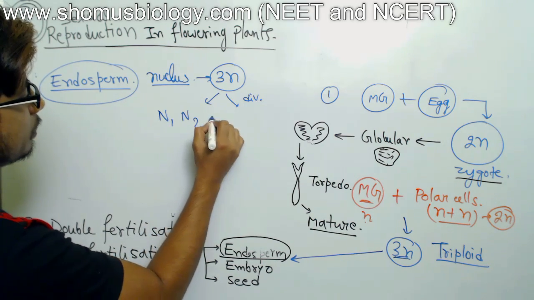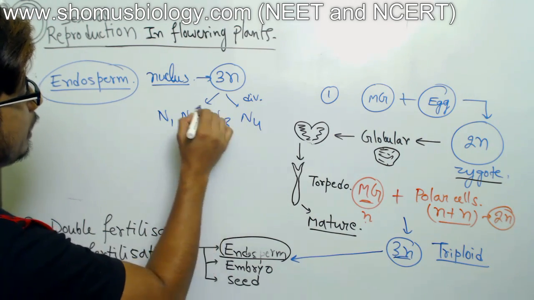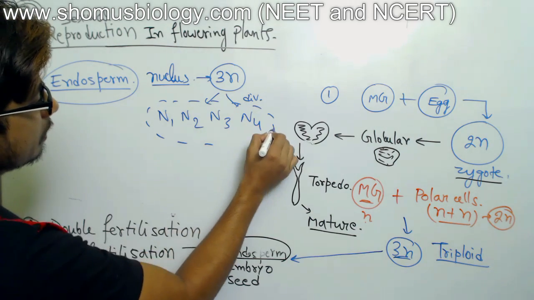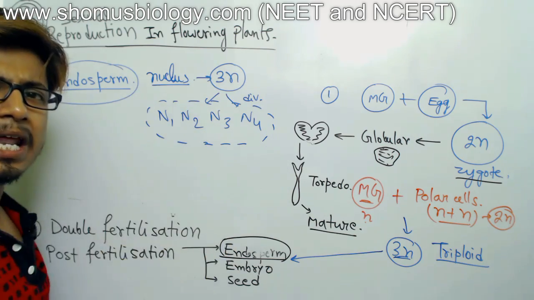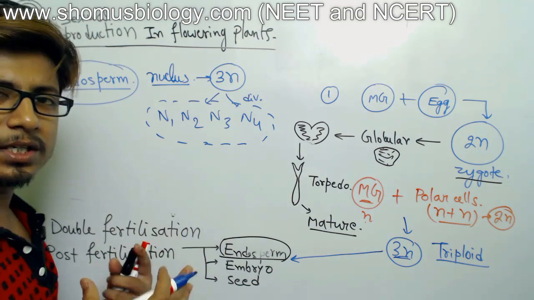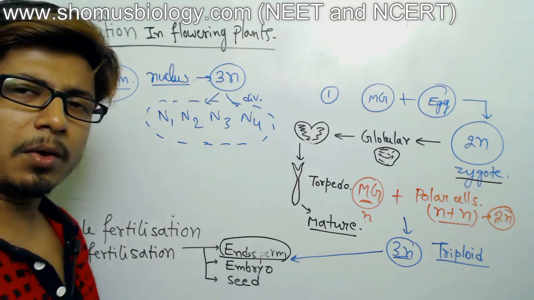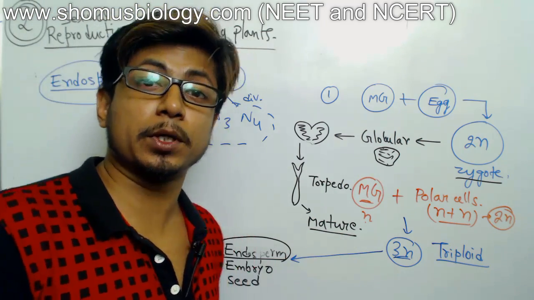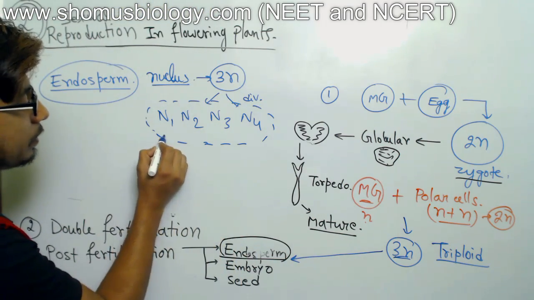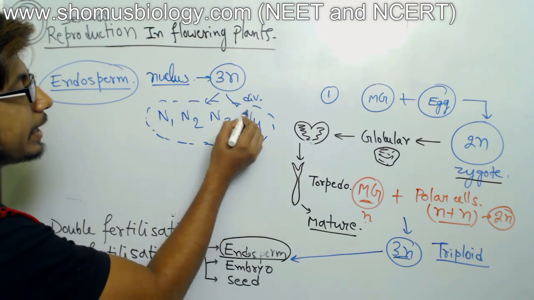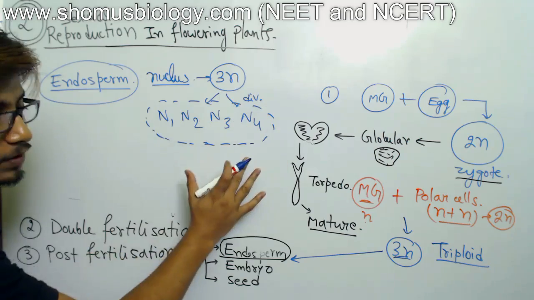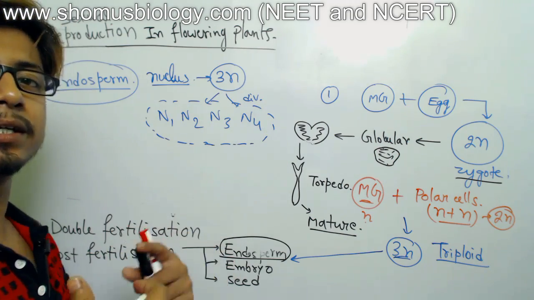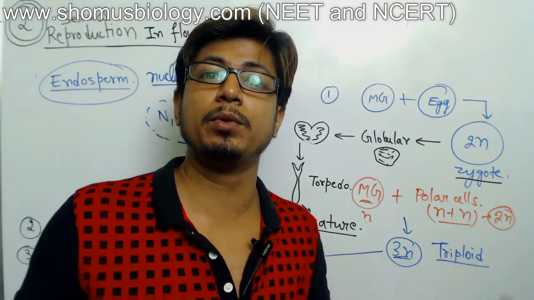Let's say nucleus 1, 2, 3, 4, and many nuclei in that same lining of tissue. So one cell, multiple nuclei. Now what kind of situation is this? The division of nucleus is not followed by cytokinesis, that is, separation and formation of cell wall. So formation of cell wall is not occurring, only the replication of chromosomes and making of new nuclei.